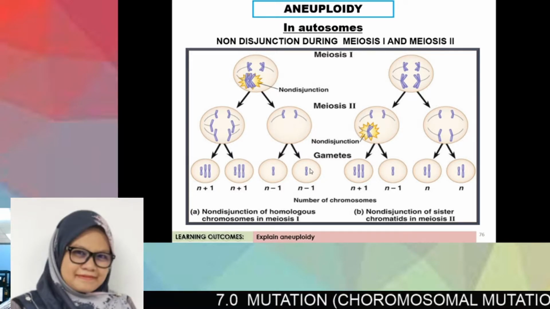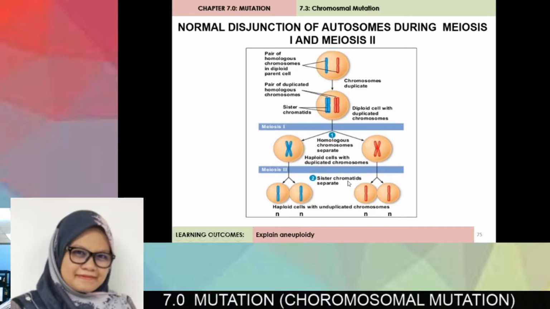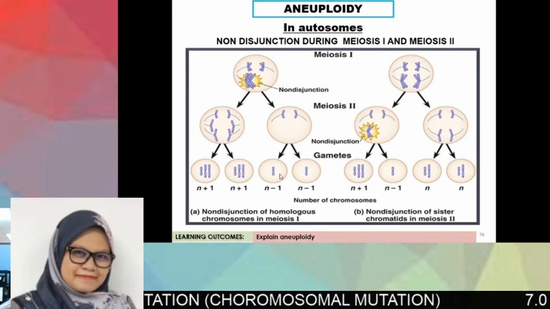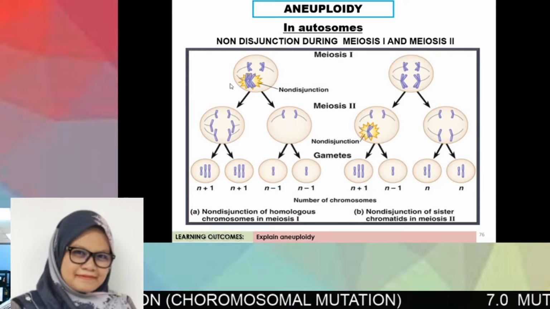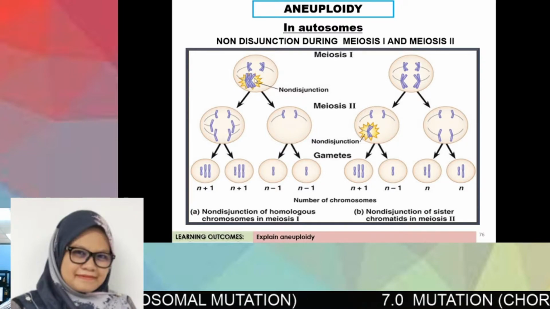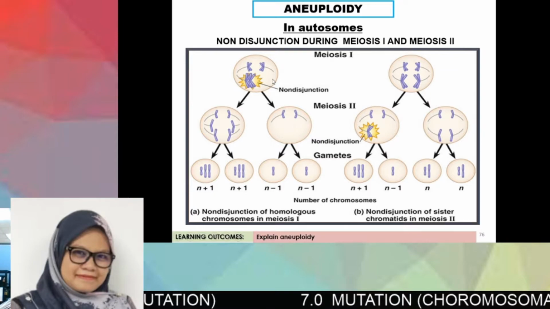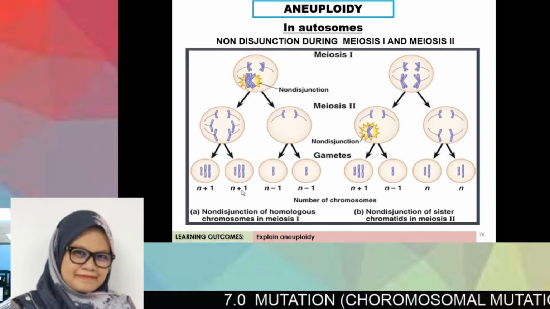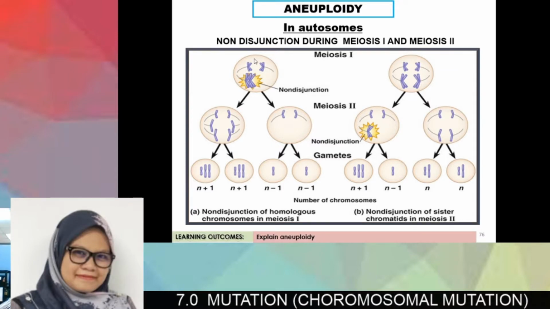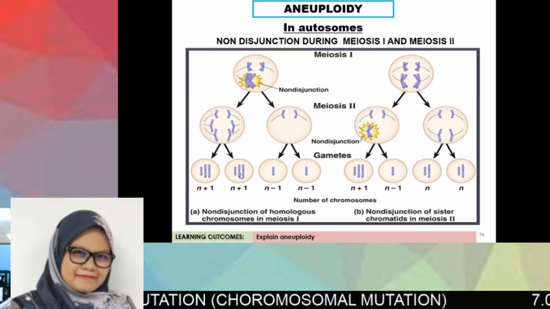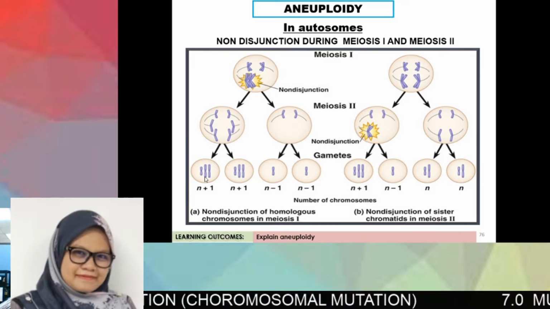Dan sekiranya normal, setiap daughter cell ini akan dapat 2. Kenapa kita kata dapat 2? Because this is the parent cell. Parent cell has 1, 2, 3, 4 chromosomes. So the concept in meiosis, it will produce 4 daughter cells, and each daughter cell carries half the chromosomes from the parent. So each of the daughter cells mesti membawa 2.